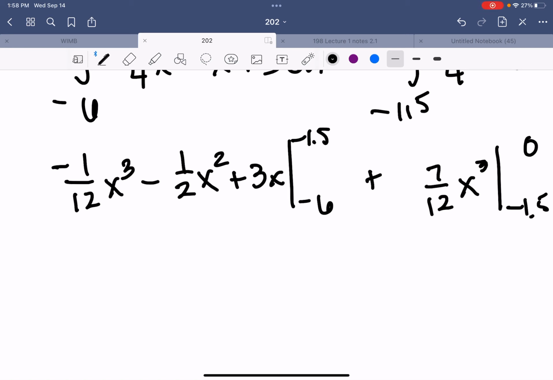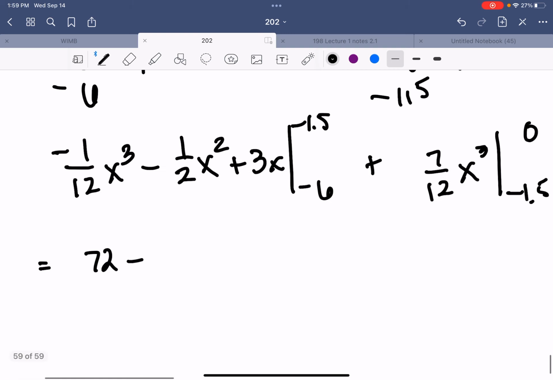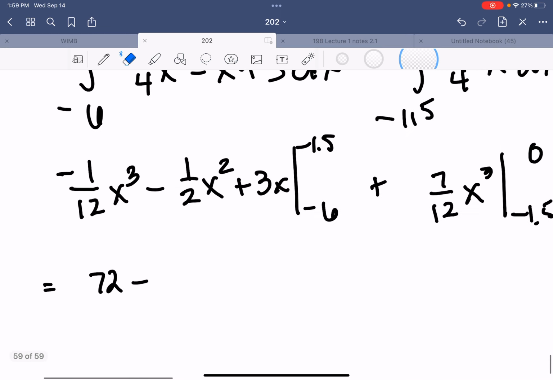So that's our first one. And that turns out to be 72. So this is 72 minus, whoops, that's the second one. So we want to move that one over here.